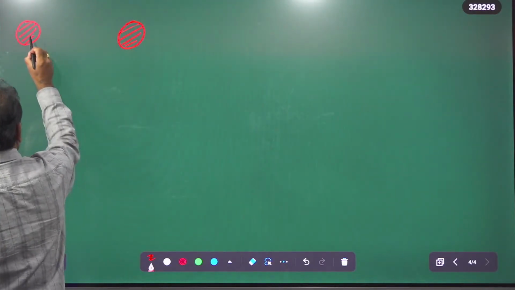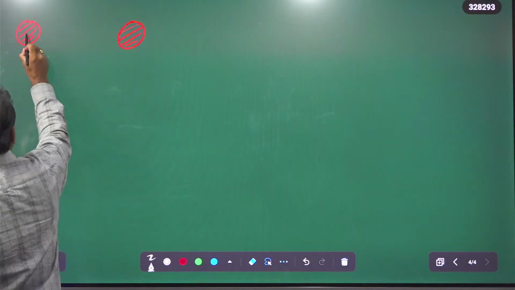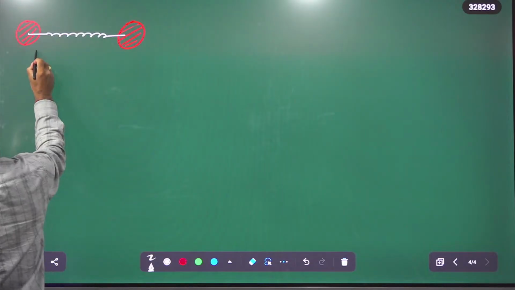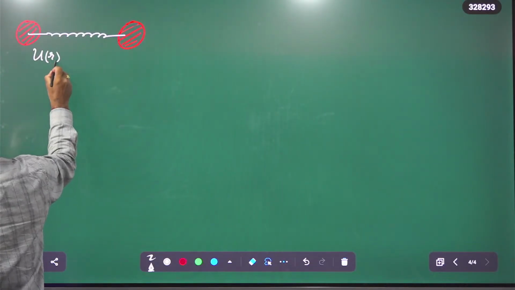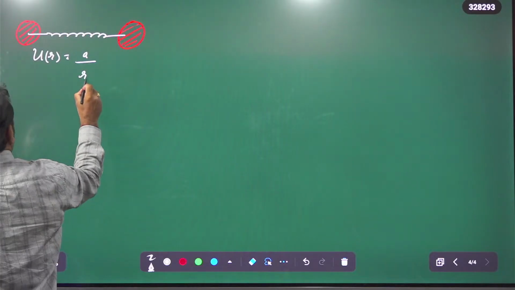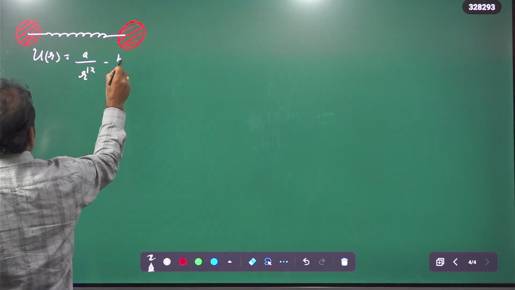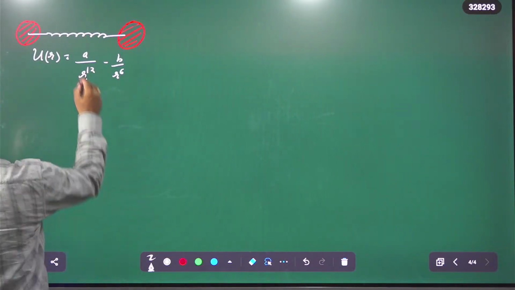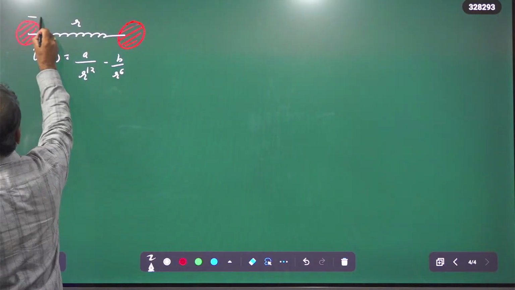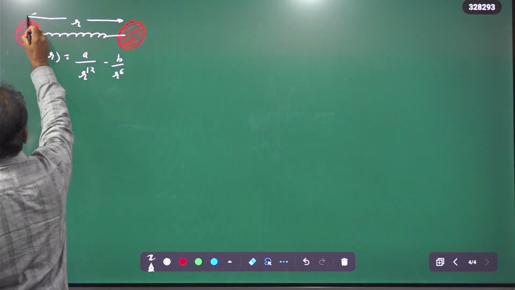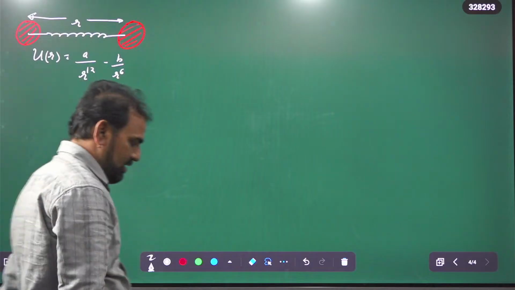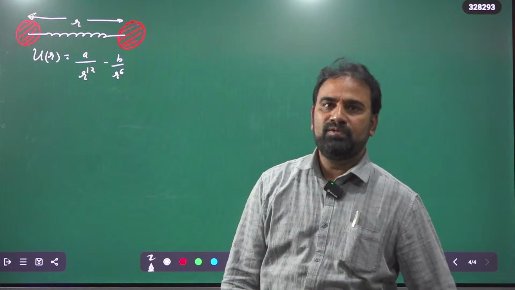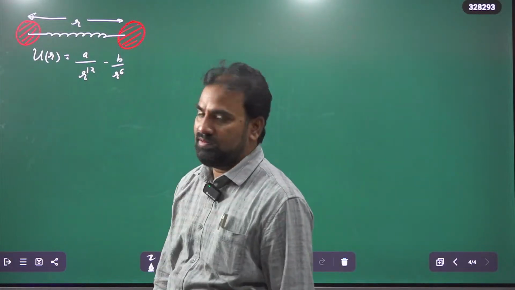The potential energy between the molecules is given as U of r equal to A upon r to the power 12 minus B upon r to the power 6, which changes with respect to the radial distance between the molecules.